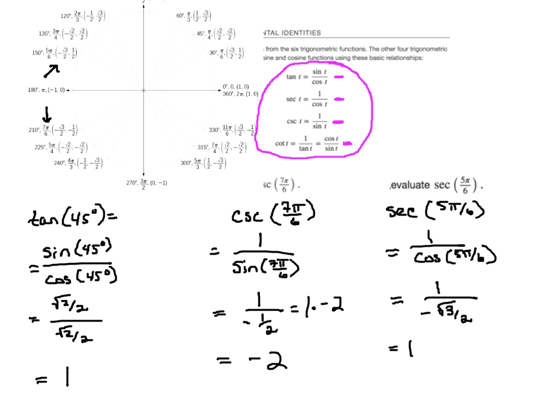So this is 1 over the negative square root 3 over 2, which is the same thing as 1 times negative 2 over the square root of 3, which is negative 2 over the square root of 3. I'm just going to bring it down here because I need to rationalize the denominator. So I'm going to multiply by square root 3 over square root 3, and that gives me negative 2 square root 3 over 3.